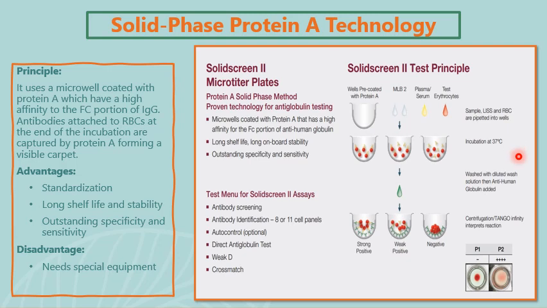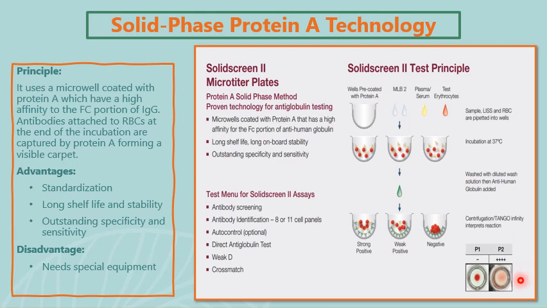Centrifuge and then wash with phosphate buffered saline and then AHG is added. Remix microwell, then centrifuge. If there is agglutination, the protein A will capture them and form a homogeneous layer on the bottom of the microwell, which is read as positive.